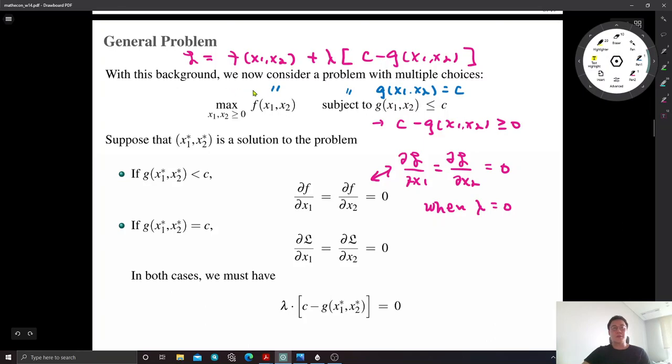So solving the constrained optimization with equality is the same as solving with inequality, right? It turns out that the solution to this optimization is a boundary solution. The solution occurs on the boundary.